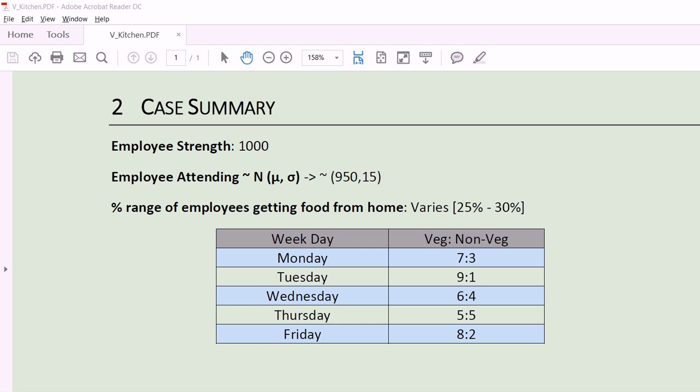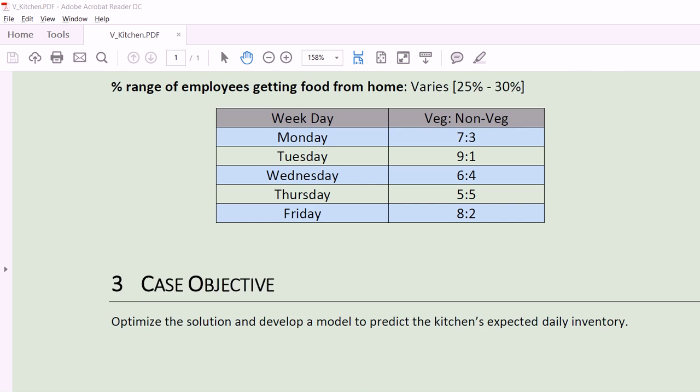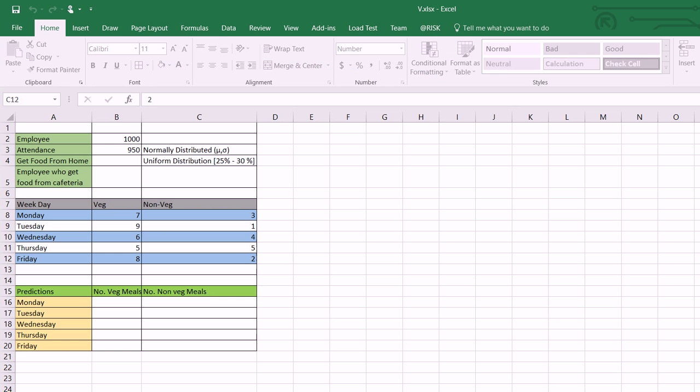Employee attendance varies around 950 with a standard deviation of 15, and the percent of employees getting food from home varies from 25 to 30%, and the ratio of split is as per the table. The case objective is to optimize the solution and develop a model to predict the kitchen's expected daily inventory. That's all. So now I would be switching to my Excel.